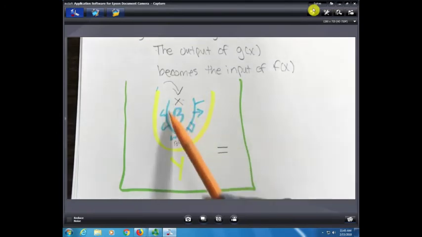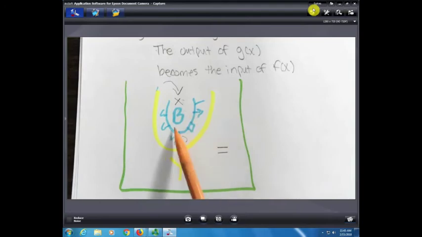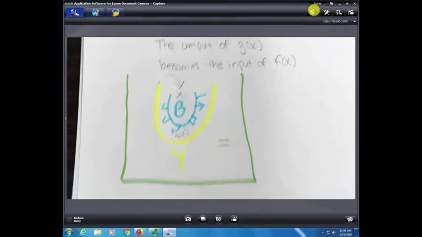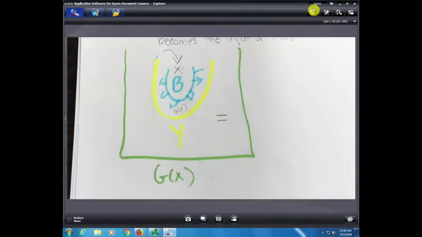So I have some x value come inside the blue function. It'll do some operation here, and it'll spit out an output, and that output will be b of x. That will then go inside the yellow function to produce the green function, which would be g of x. So g of x is a combination of the b and y.